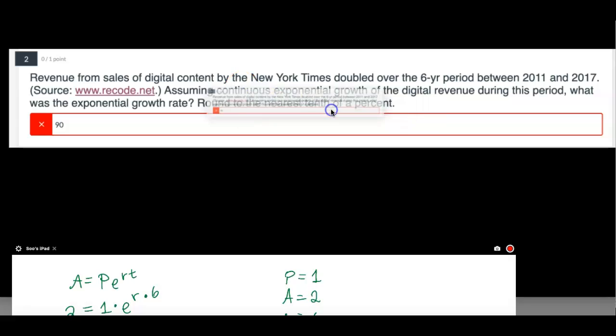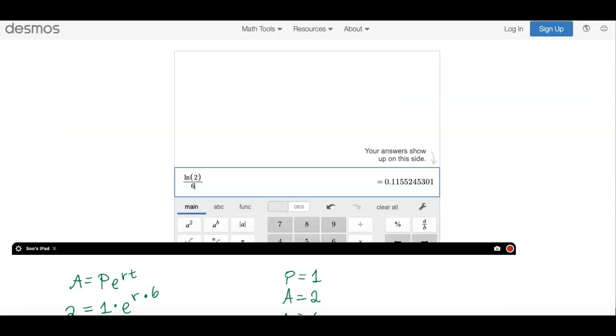And how did they want us to round this? To the nearest tenth of a percent. So let me write down that r, approximately 0.11552. Hold on, I'll show you what I wrote down.